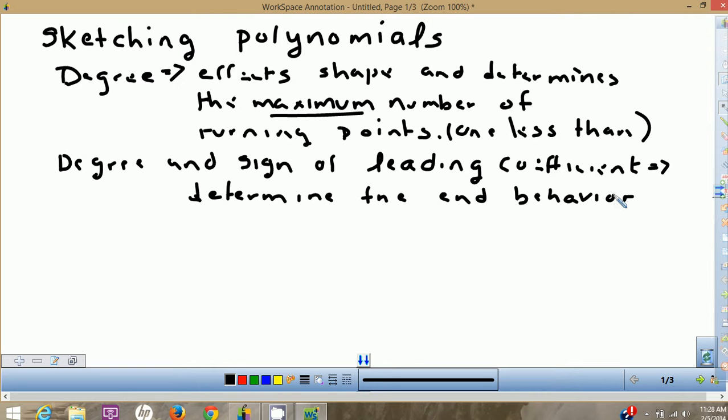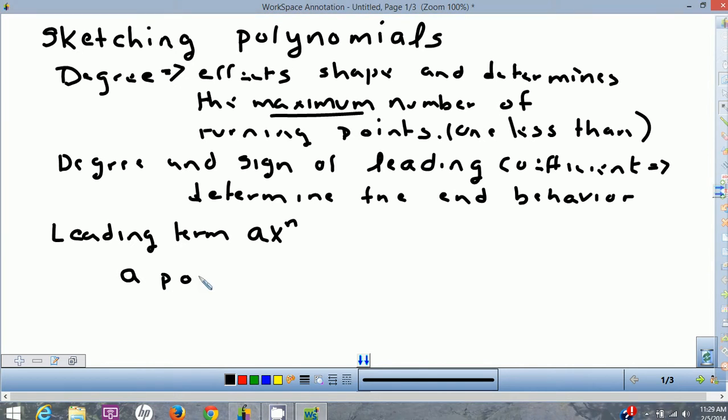And let's do a quick summary of this, and then we'll do some examples, and I think it'll make a lot more sense. If we look at a leading term in a polynomial, so our polynomial can have absolutely anything in it as we continue on out. If our leading term is ax to the n power, first of all, that a could be a positive number.